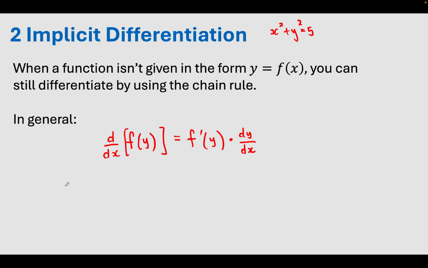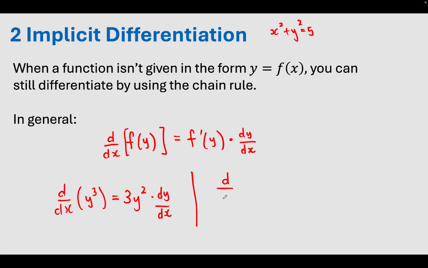Okay, so a couple of basic examples. If I want to apply d by dx to y cubed, according to this rule, I differentiate with respect to y, so I get 3y squared multiplied by dy dx. Let's try one more.